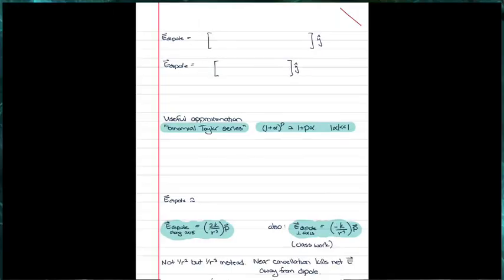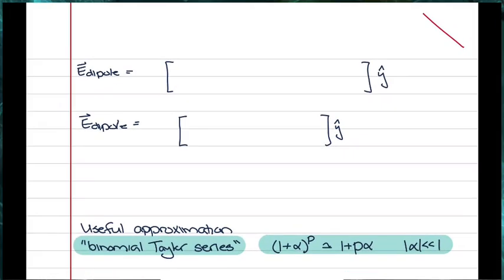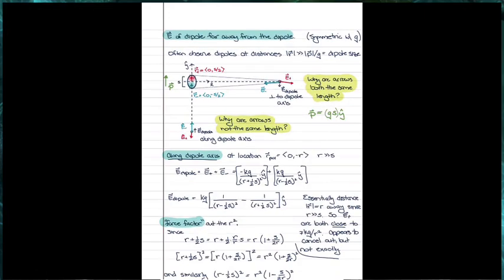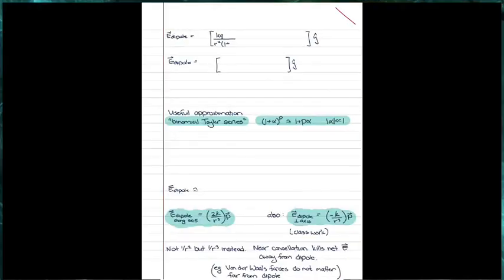I'm going to write my electric dipole as kq, and then we've rewritten this as r squared times 1 plus s over 2r all squared, the plus comes first, of course.